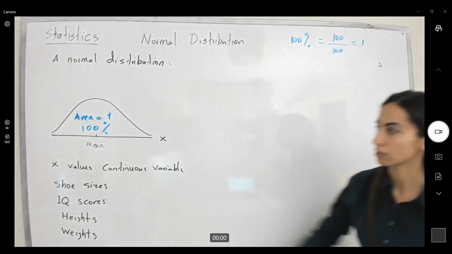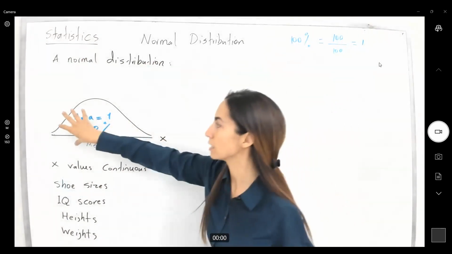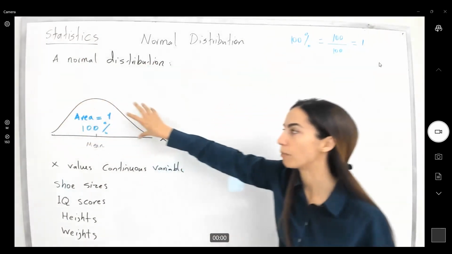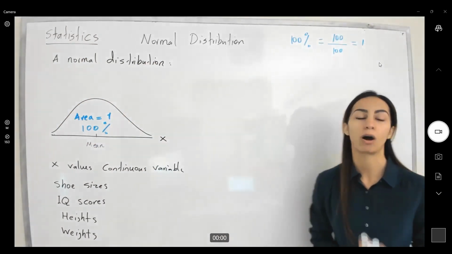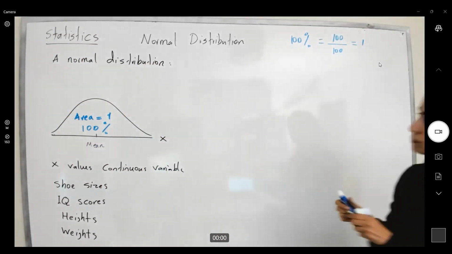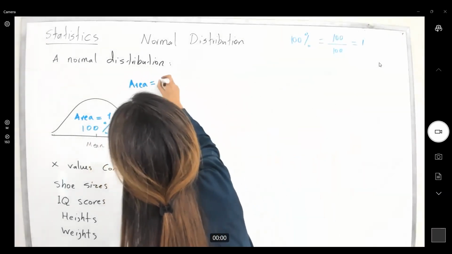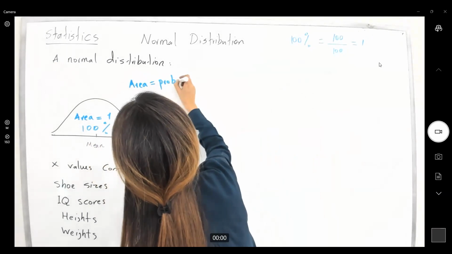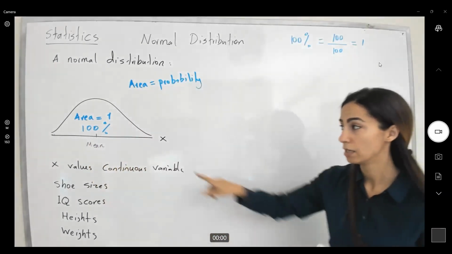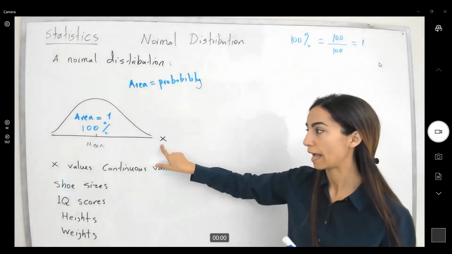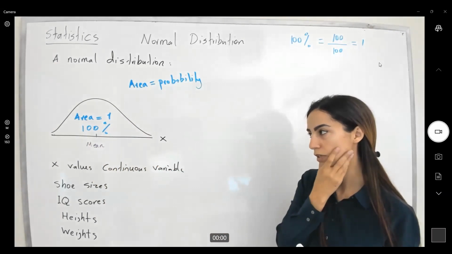So when you're talking about 1, you're talking about 100%. And this gives us the probability. This area is equivalent to the probability. So when you're talking about the area, you're talking about the probability. Okay, so again, remember that we are using the actual value like X. Very well.